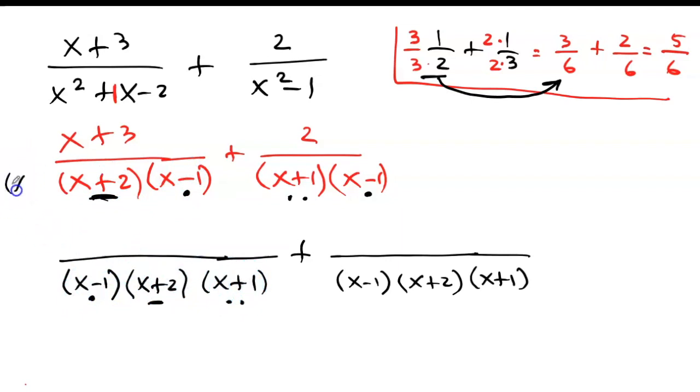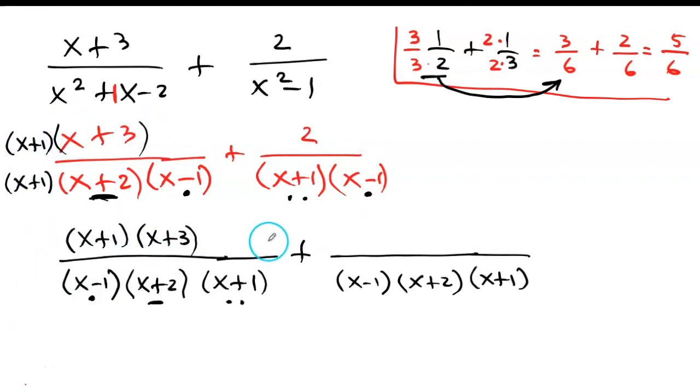That means I've got to multiply x plus 1 here, and the x plus 1 there, like the 3 and the 3. And now, x minus 1 is here, x plus 2 is here, and the x plus 1 is there. It doesn't matter the order, as long as I have the 3 factors. And now I have on the top, x plus 1 times x plus 3. All right, parentheses, just in case.